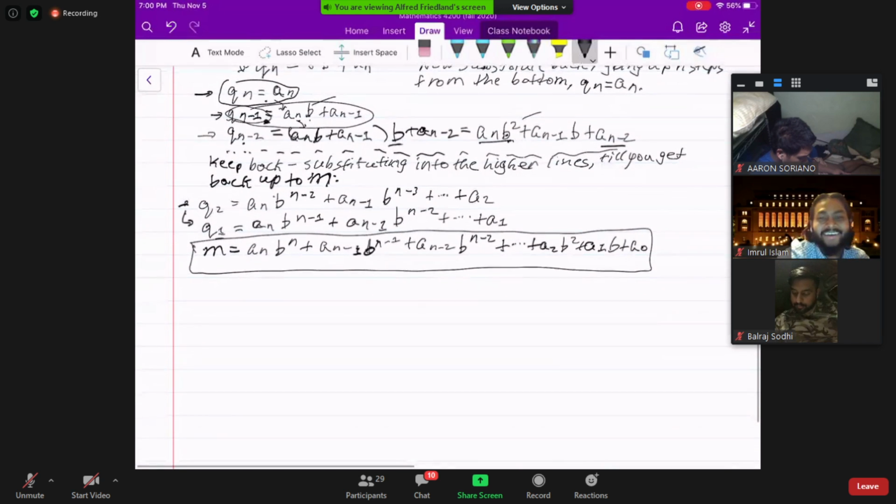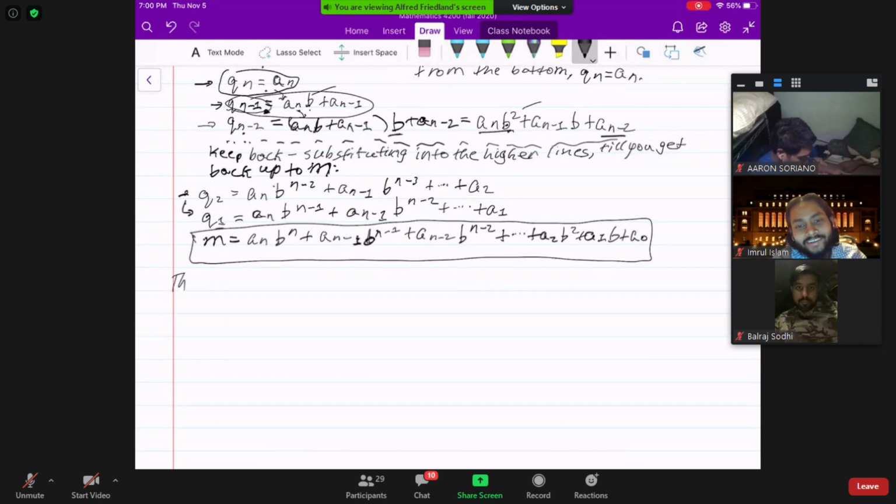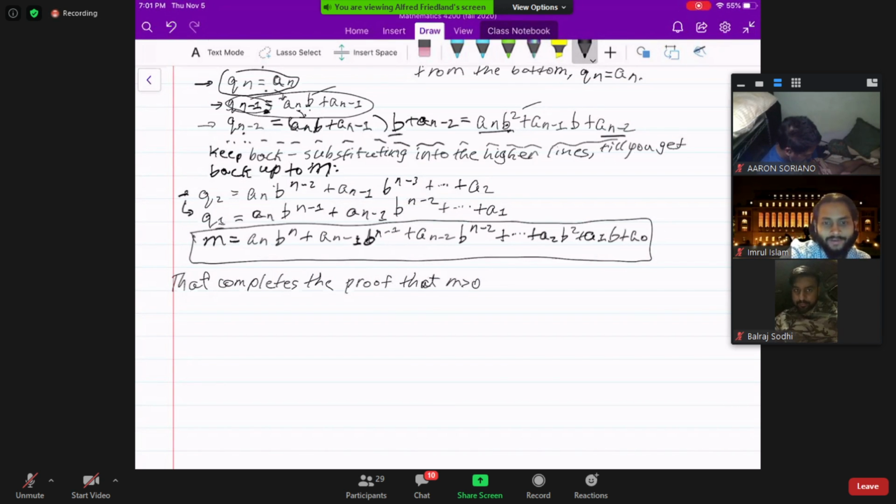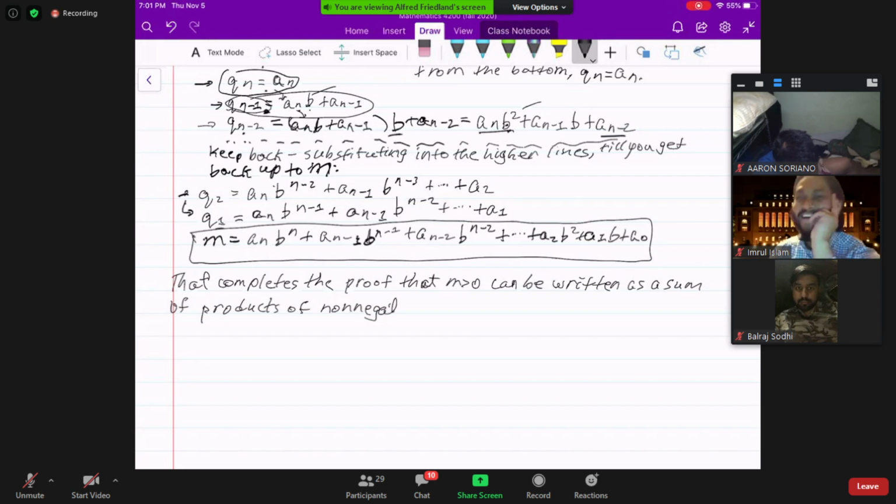And so this completes the proof that a positive integer greater than zero can be written as a sum of products of non-negative powers of any base.